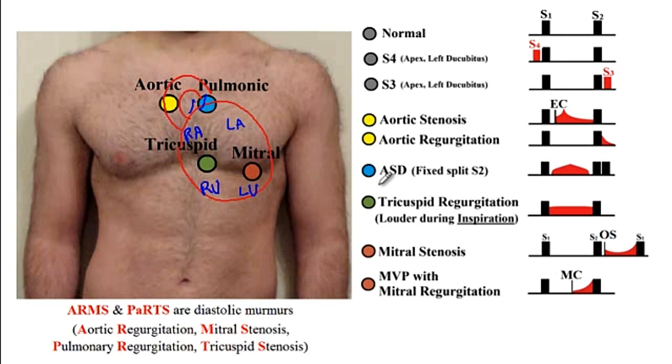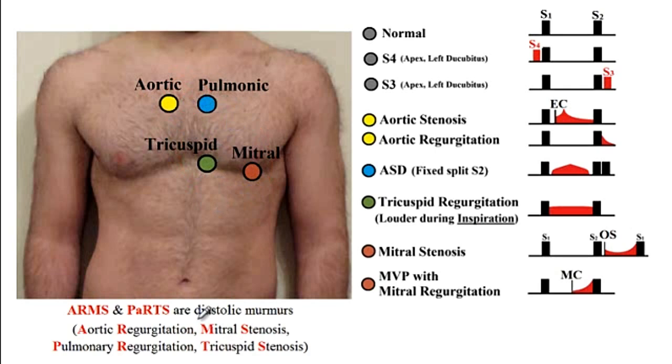And then finally, with the atrial septal defects, since it's between the right atrium and the left atrium, it's best heard in the left upper sternal border versus the ventricular septal defects, which is between the right ventricle and left ventricle, and thus it's best heard in the left lower sternal border. So I would like to repeat, atrial septal defects is in the left upper sternal border, while the ventricular septal defect is best heard in the left lower sternal border.